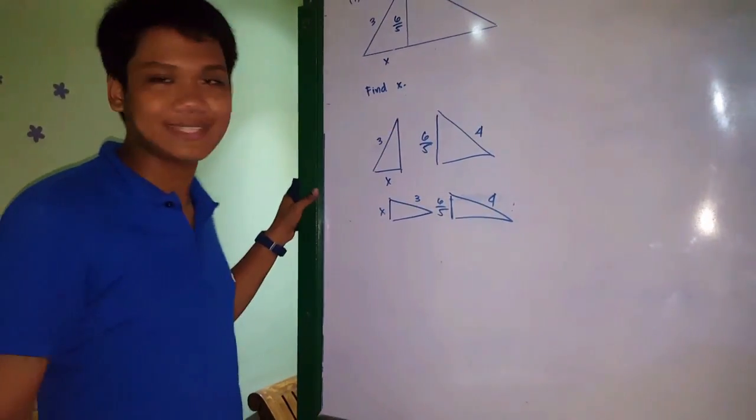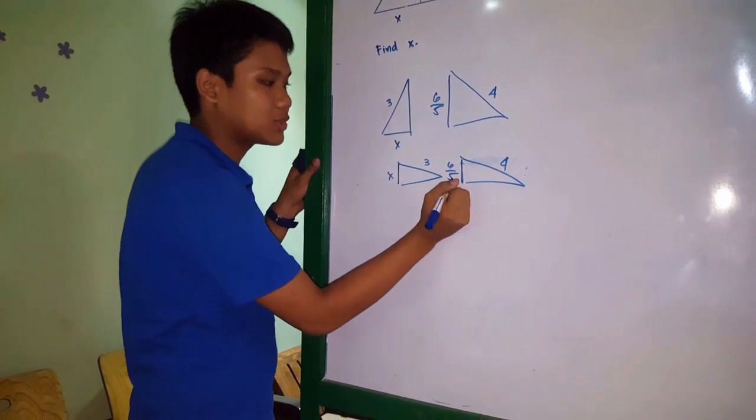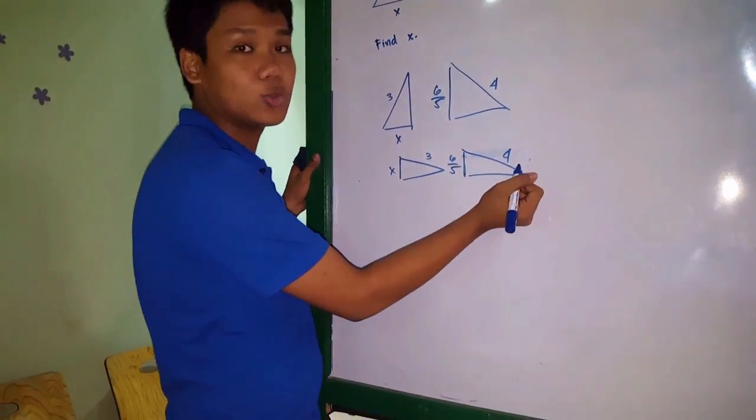Now we have the corresponding sides. So x is proportional to 6 over 5 and 3 is proportional to 4.